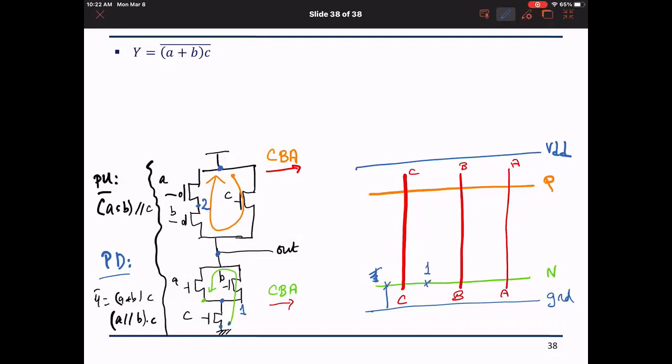Right, the source of B, which is practically node 1, the common node between C and B. Where do we go after crossing B? To which node? To out. We go through A and then we come back to what node? We stop at 1, right? Stop at node 1. So we finished the N.